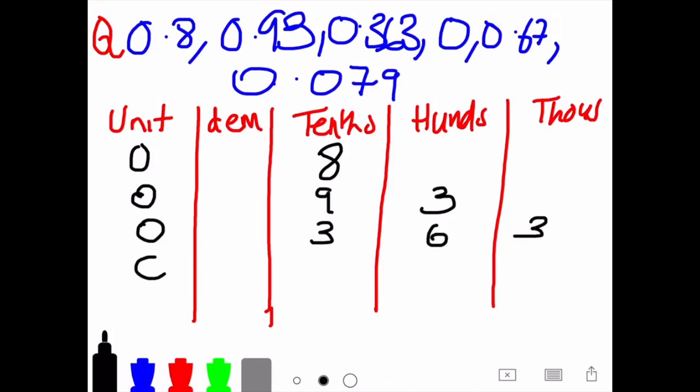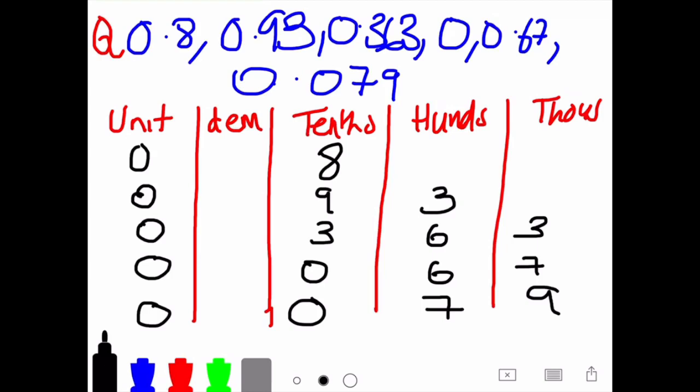And now the next one, 0.067. Then 0.079. We're also going to apply the second rule for this one. We're going to add the zeros so it can actually look polished.